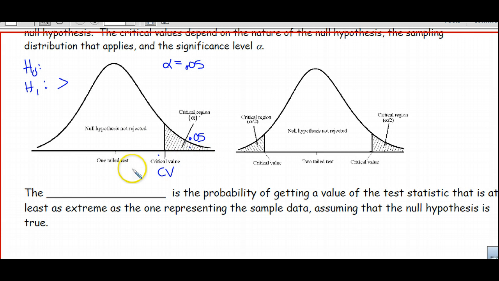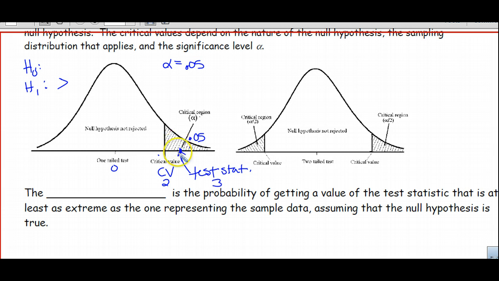If I do my sample and I get a test statistic somewhere in here, so let's say I get a critical value of 2, and I'm just making up these numbers, and I get a test statistic of 3, and this is 0 here.